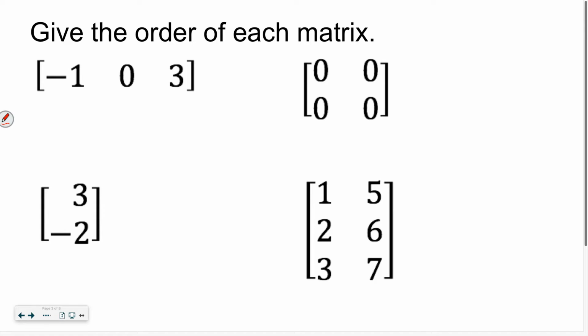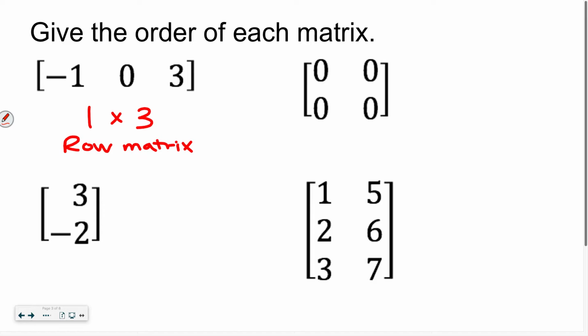Okay, let's come together. How many rows in this top left? And how many columns? 3. So this is a 1 by 3. This has also a special name because it's a single row. It's called a row matrix. If there's a row matrix, there's also a column matrix.